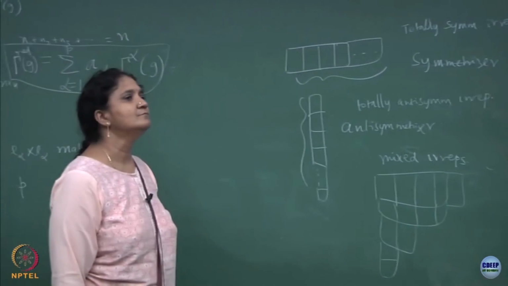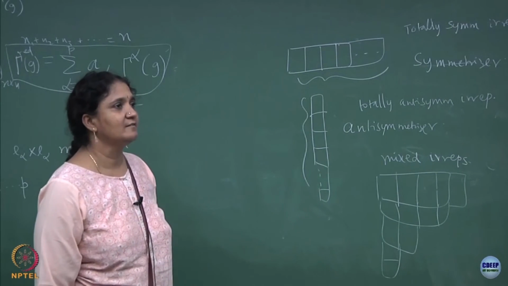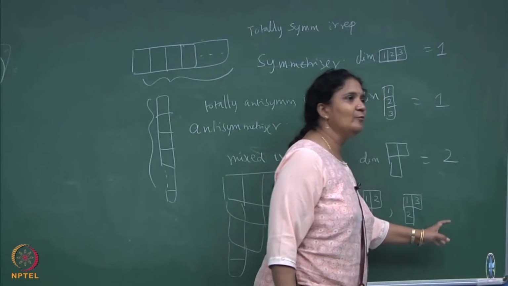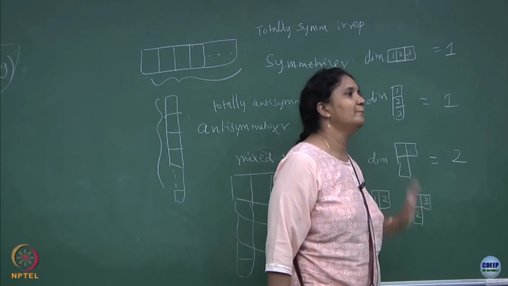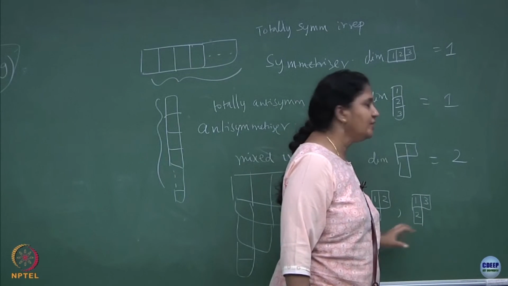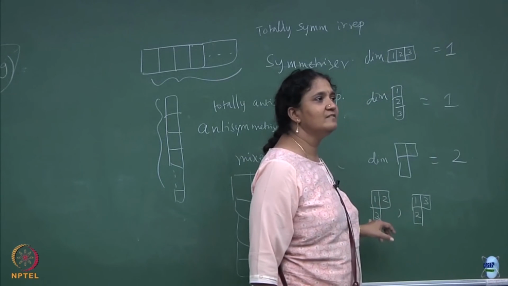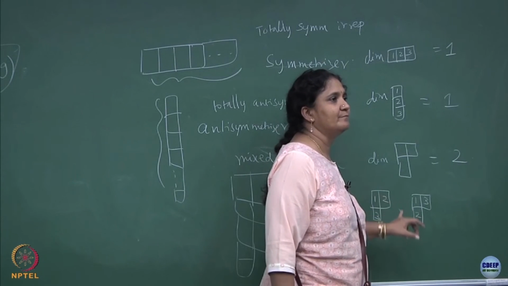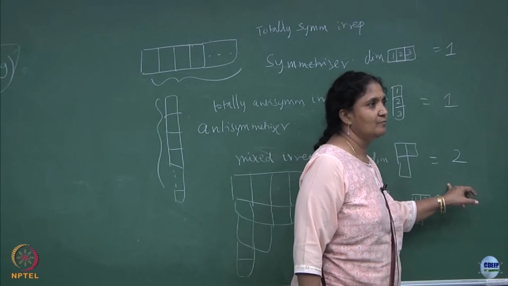Okay. Is there any more possibilities you can ask? But I am trying to tell you that if you try to do that, you can show it to be a linear combination of these two. It is not independent. Okay. So, these two are the two independent possibilities of putting the 3 objects in a mixed diagram. Okay. So, that is why it is 2.